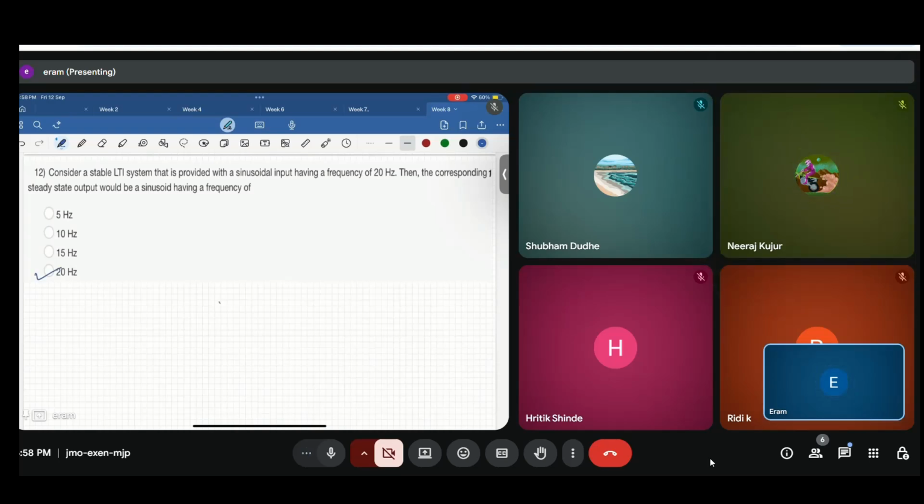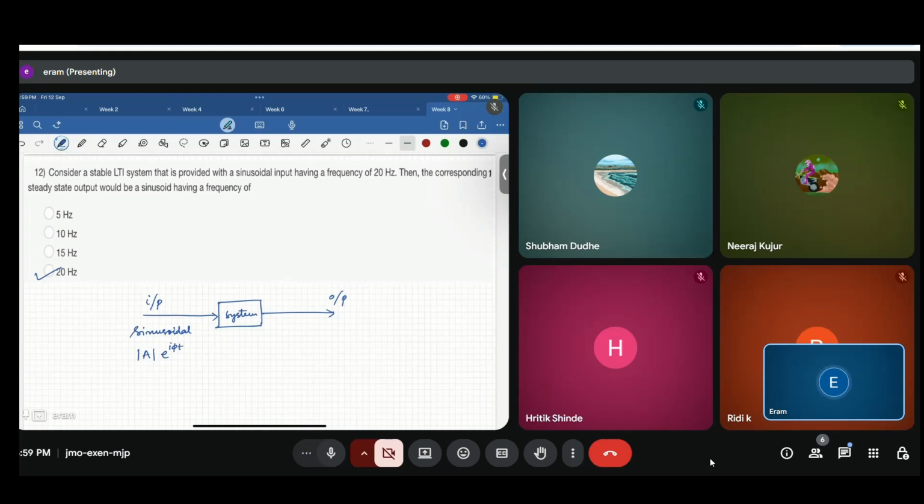Why? Because if you have a system, this is your input and this is your output. When you provide a sinusoidal input which has some magnitude and phase, then what happens to your output?